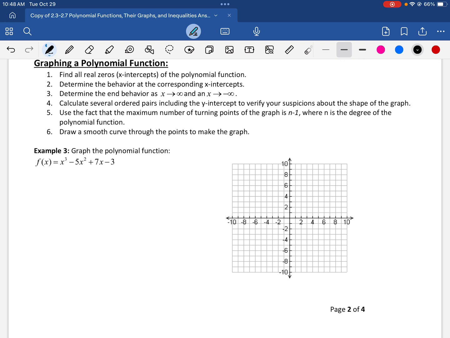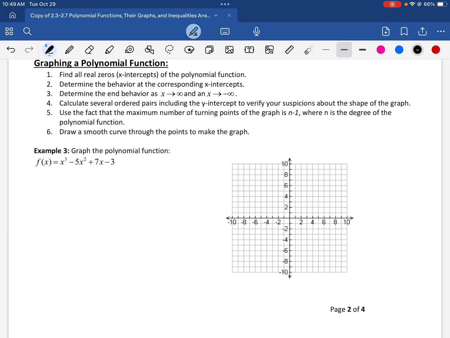So what are the ends of the function doing? Are they both going up, both going down, going in opposite directions? Then it says calculate several ordered pairs, including the y-intercept, to verify your suspicions about the shape of the graph. And then use the fact that the number of turning points of the graph is n minus 1, where n is the degree. And then draw a smooth curve that goes through those points.